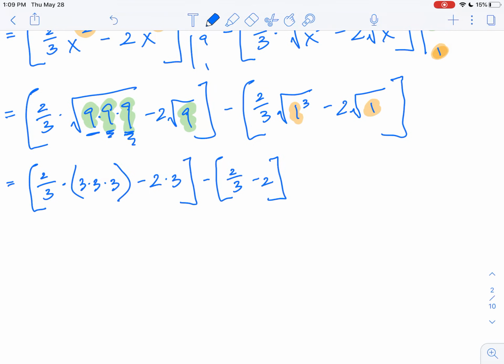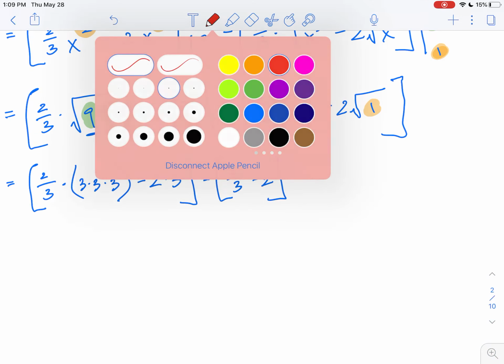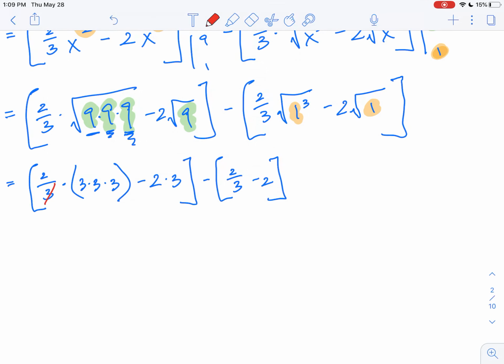All right, let's see what happens when we cancel some things. Well, this 3 and that 3 could reduce. That's a good start. And that will give us, let's see, 2 times 3 times 3 is 18, minus 6, minus 2/3 minus 2.